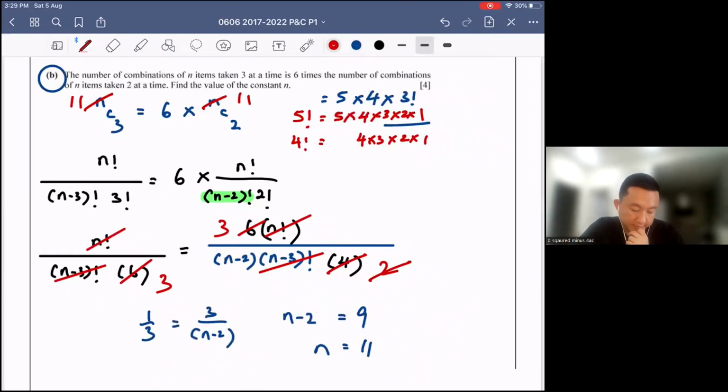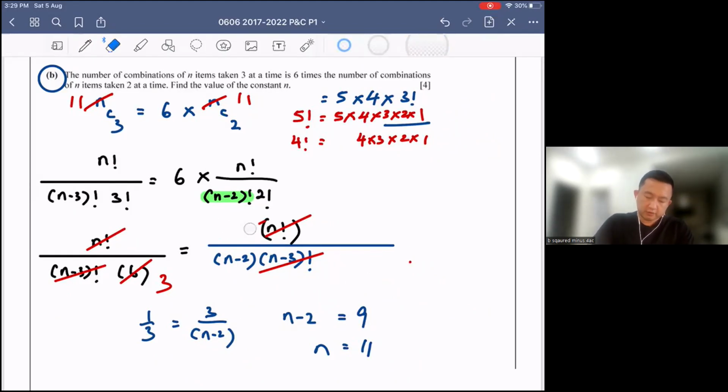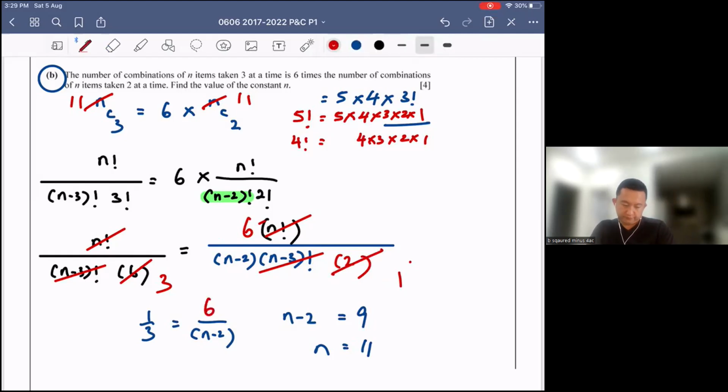The answer is not right. nC3, n minus 3 factorial, 3 factorial. 2 factorial is 2. Something wrong here. It's not 4. This is 2. If this is 2, then the moment it cancels off, then this should be a 6 here. 6 times 3 is 18. That should be 18. Then n should be 20.